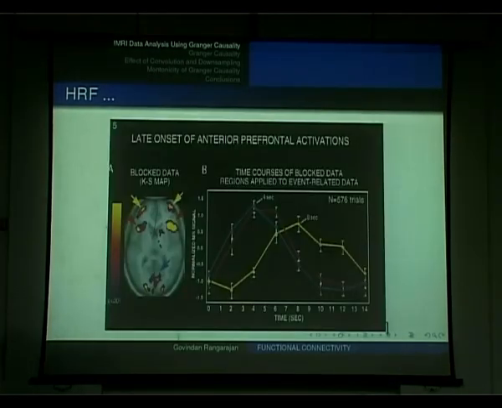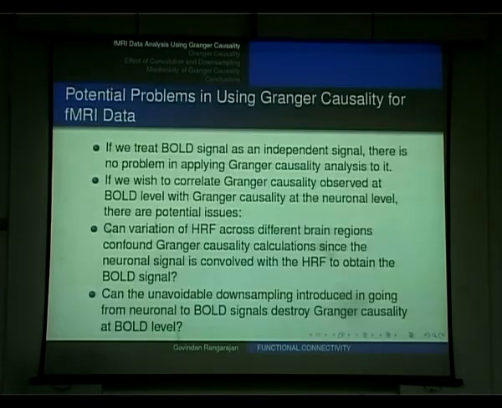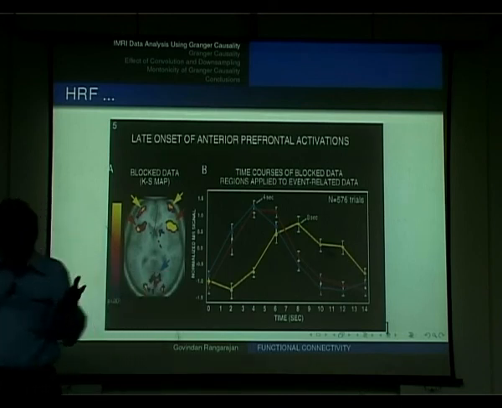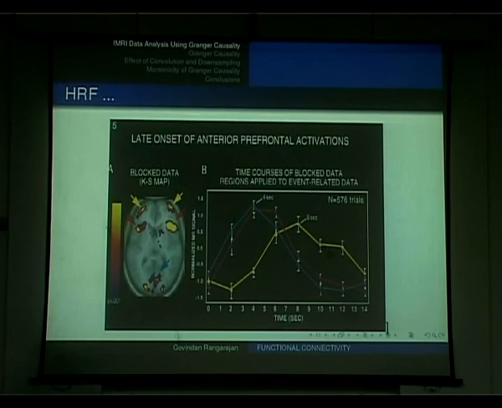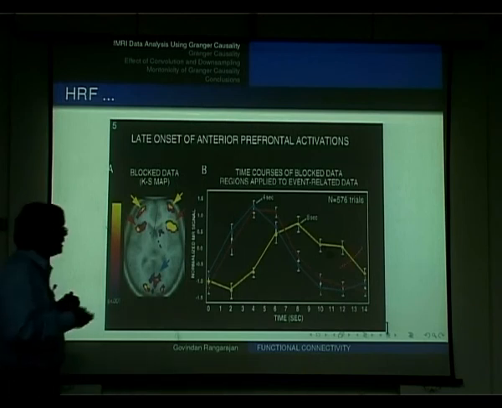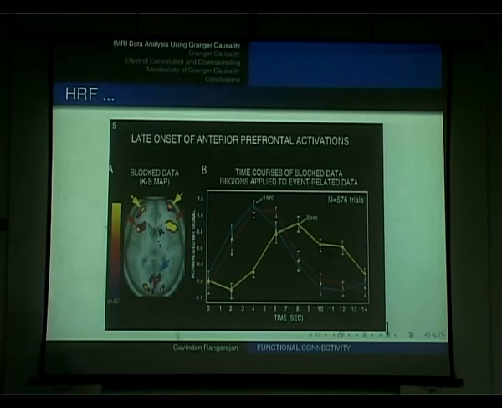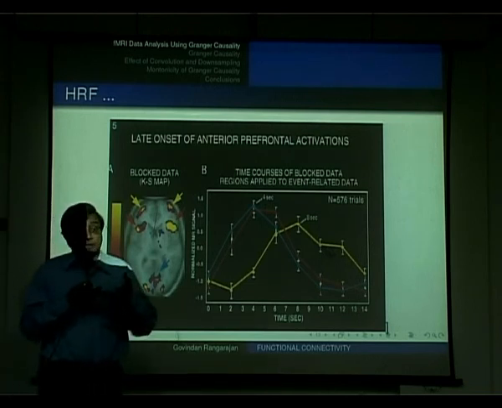And one of the issues which complicates use of granger causality for fMRI data is that different regions can have different hemodynamic response functions. That is, these hemodynamic response functions can peak at different times in different regions of the brain. Then you can imagine that this can cause problems in applying granger causality, because for granger causality or any causal analysis, the time flow is very important.